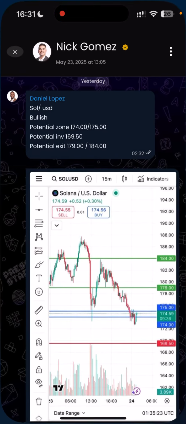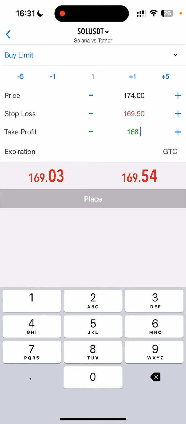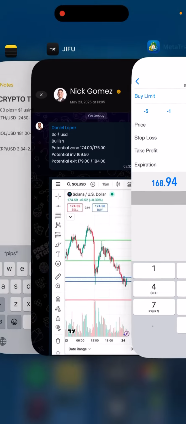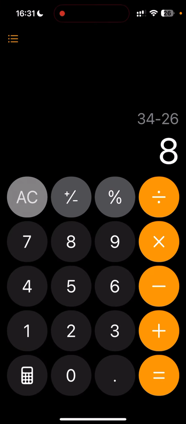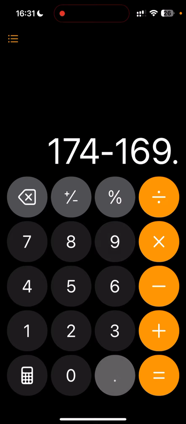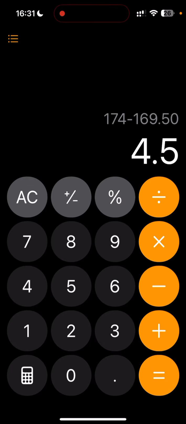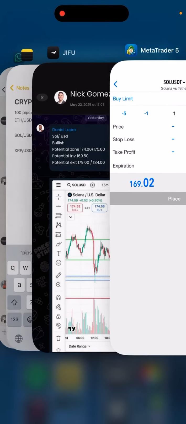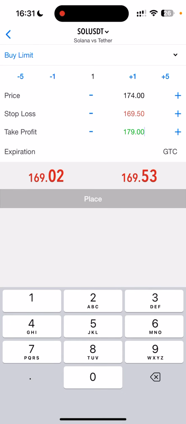Then the take profit is 179. If you want to easily check how many pips, you can just go to your calculator. 174 minus 169.50, so basically 450 pips. So for this trade, the stop loss is 450 pips, and the take profit is 400 pips for TP1.